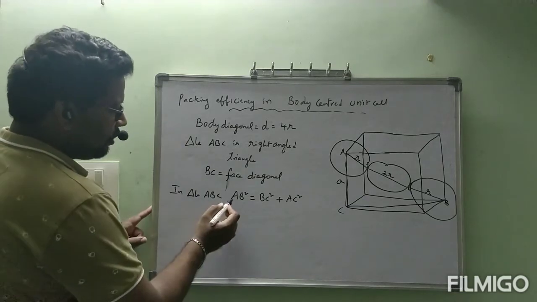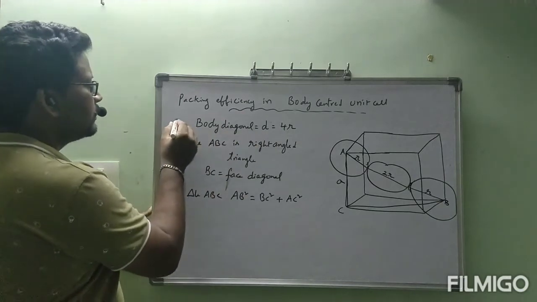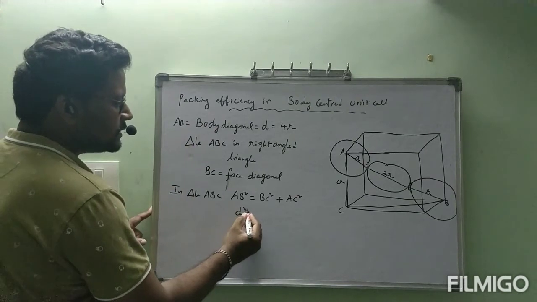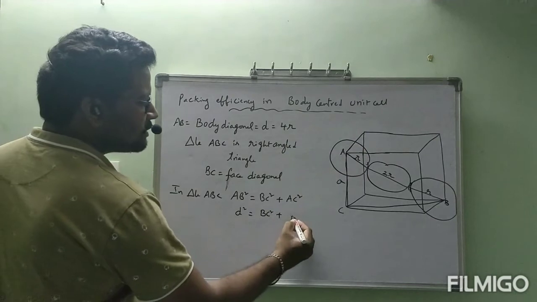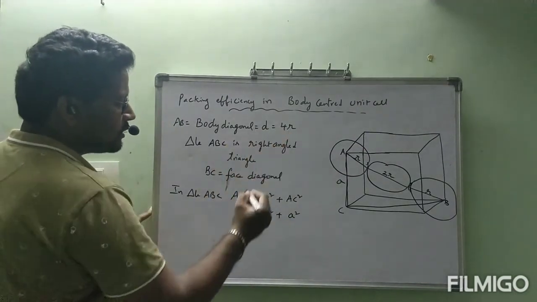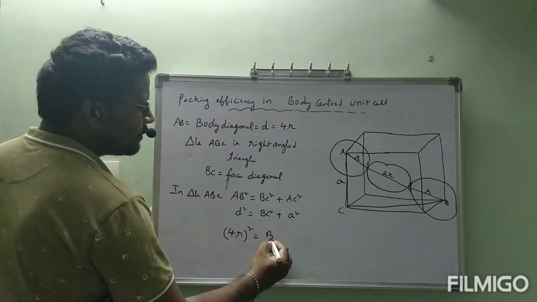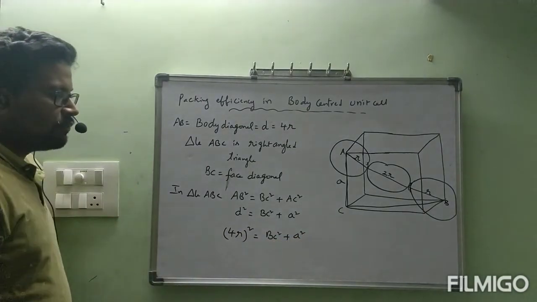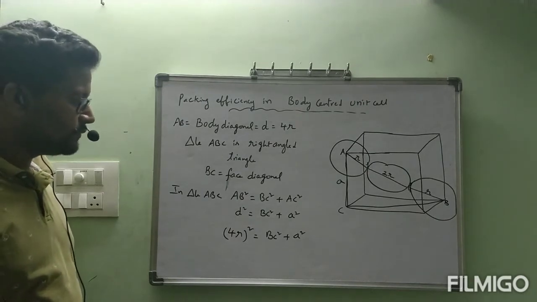What is this AB? That is nothing but the body diagonal. AB is equal to body diagonal, so D square is equal to BC square plus small a square. What is this D? 4R. So 4R whole square is equal to BC square plus small a square.